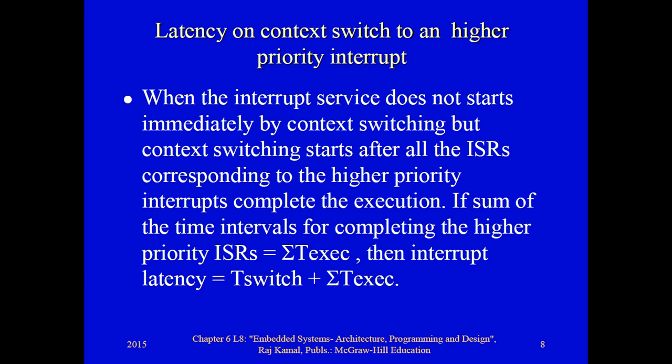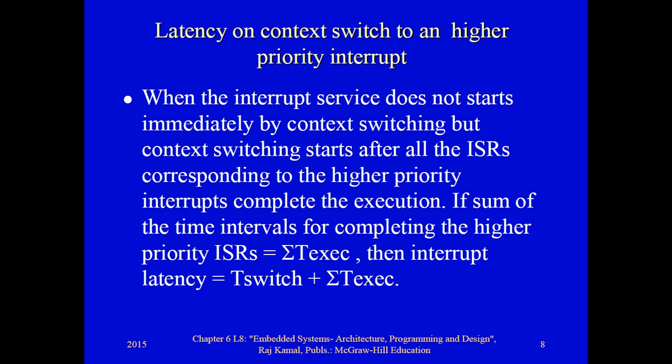So whenever a higher priority interrupt comes before the context switching happens, then the sum of the time intervals for completing the higher priority ISRs equals sigma T execution. Then interrupt latency is calculated as T switch plus sigma of T execution.